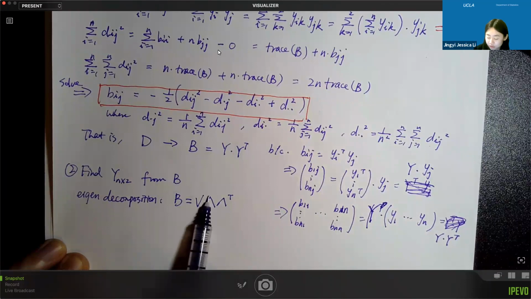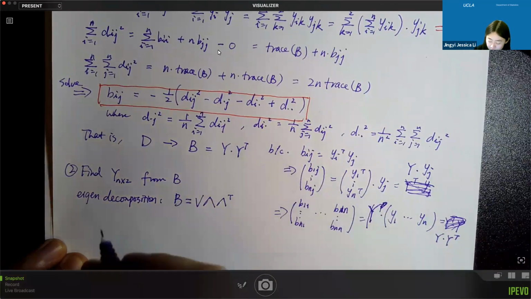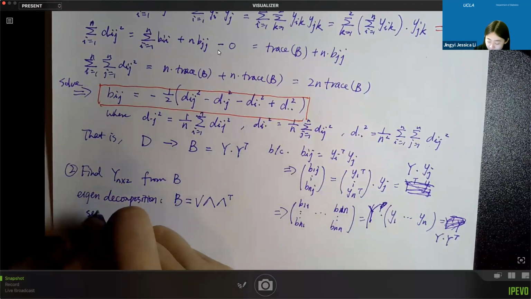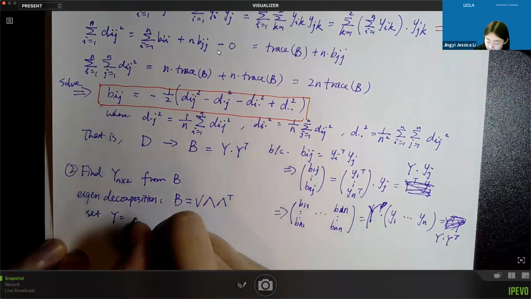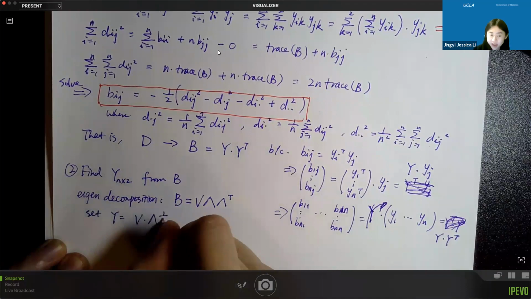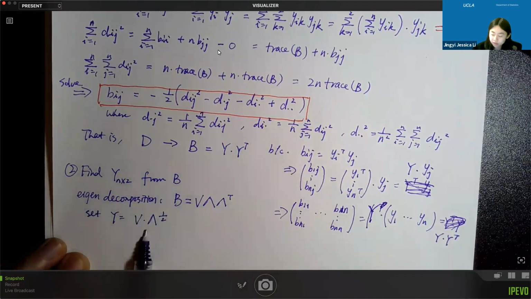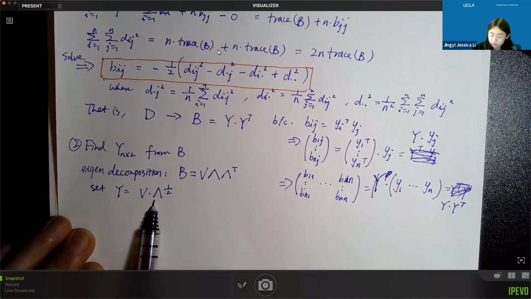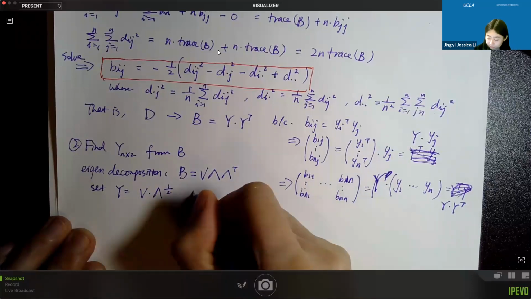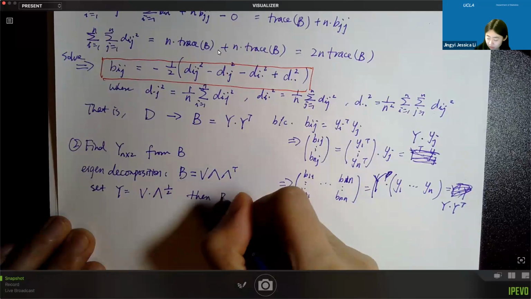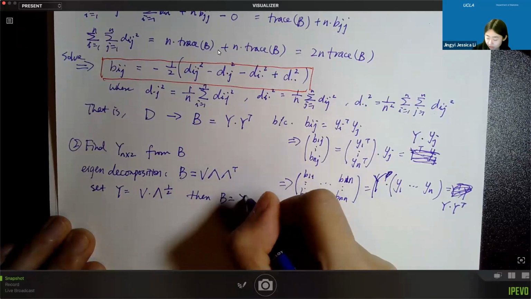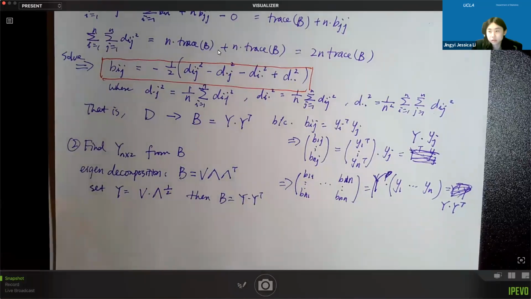For each entry, we take its square root, and then we just do the left and right multiplication. So if we set Y equals V times lambda to the 1/2, that means for the eigenvalues, we take the square root, still keeping it as a diagonal matrix. Then we can clearly see B equals Y times Y transpose. That concludes it.